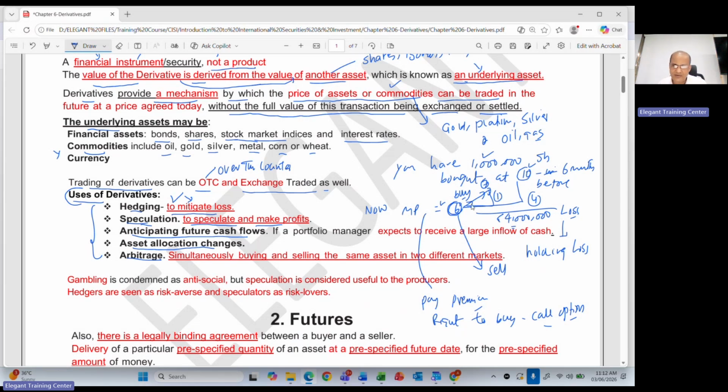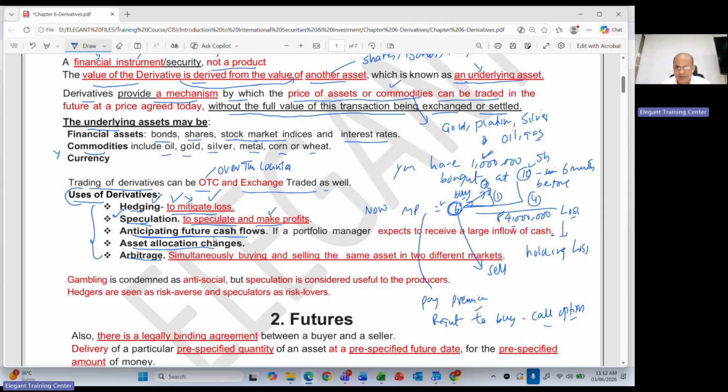You are buying derivatives. The purpose is to make some profit. That's called speculation. And if you are already holding shares and have existing losses, now your purpose is to reduce the loss. That's called hedging. So hedging is to mitigate the loss and speculation is to make profit.